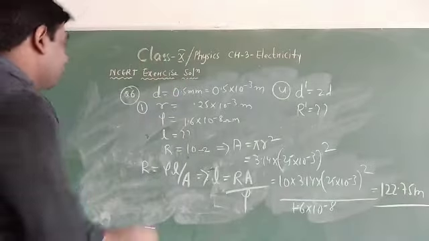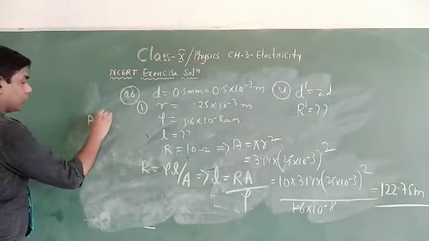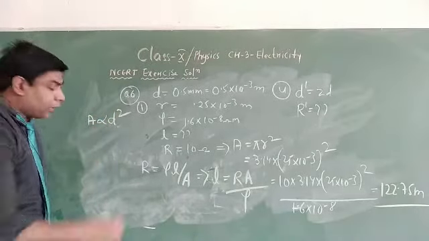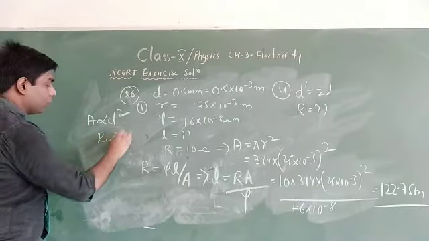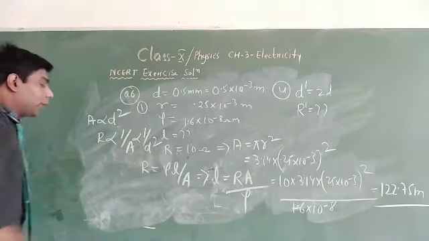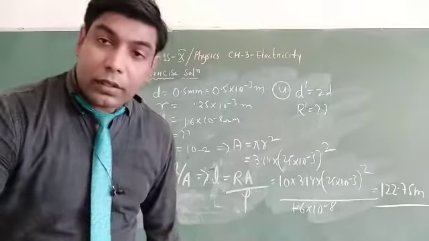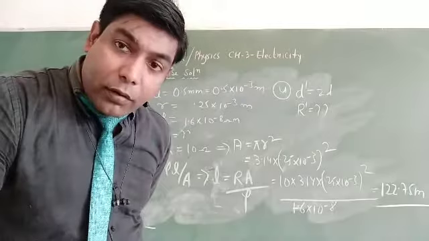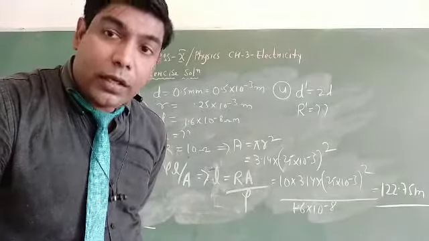Now they are asking what will be the change in resistance if diameter is double. See, area is directly proportional to diameter square, and R is inversely proportional to area. That is, it is inversely proportional to diameter square, or inversely proportional to the radius square.